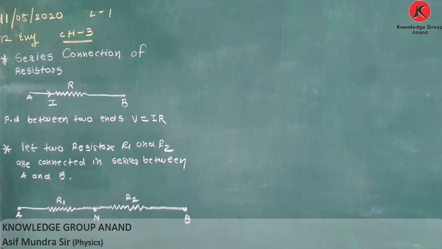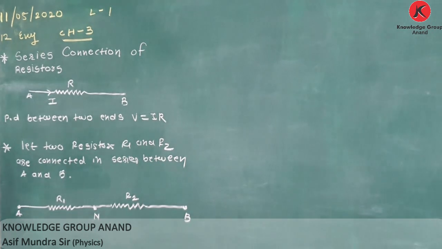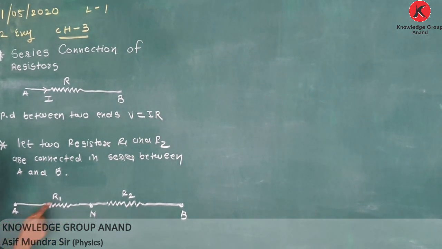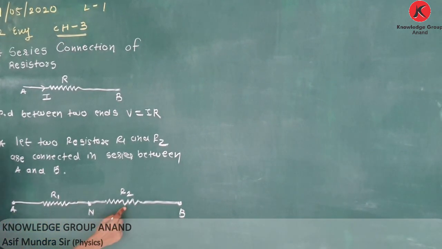Clear about this? Now, how can we identify it is a series connection? Two ends of resistor R1 are A and N. Two ends of resistor R2 are N and B. Means they have one component only. If I say current flowing from A is I, then current I is flowing from resistor R1. There is no other way.